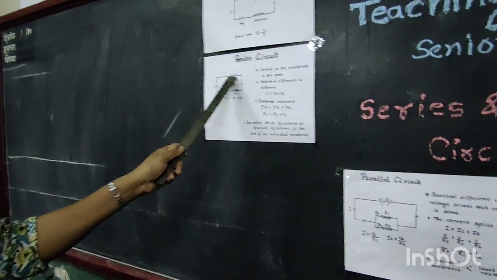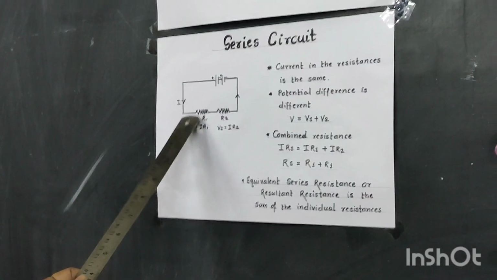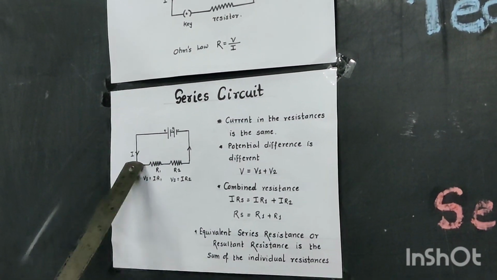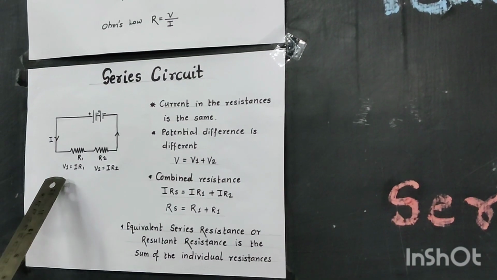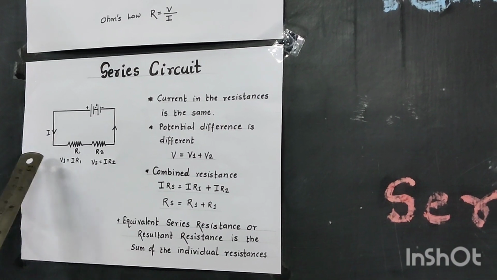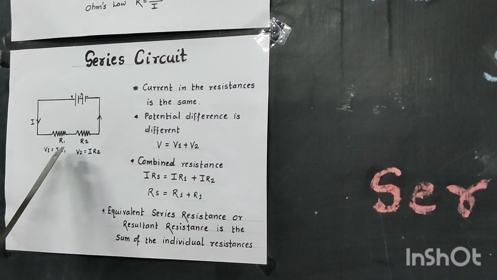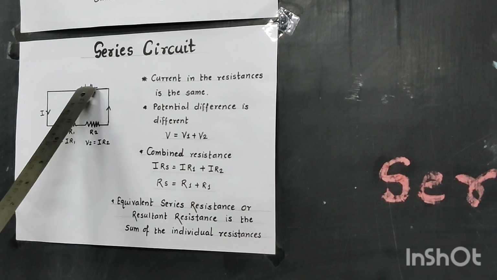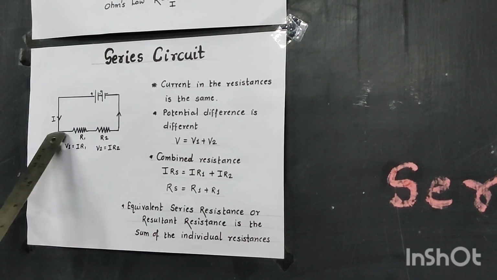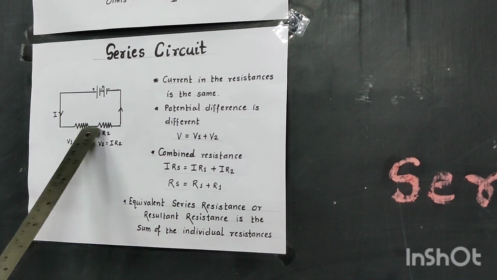Here we can see that a cell is connected to these two resistances through the wire. Now according to Ohm's law, we know that voltage is equal to current into resistance. As the bulbs are connected end to end, they are receiving the same current.